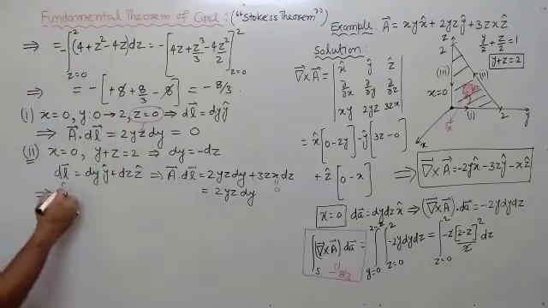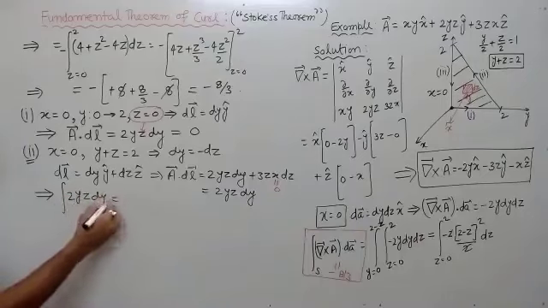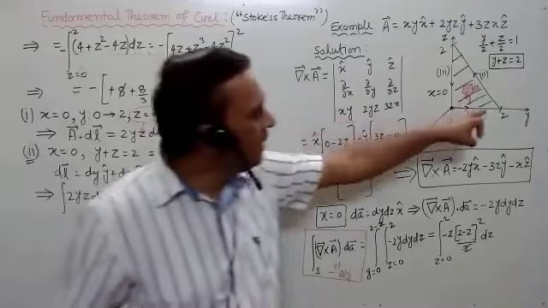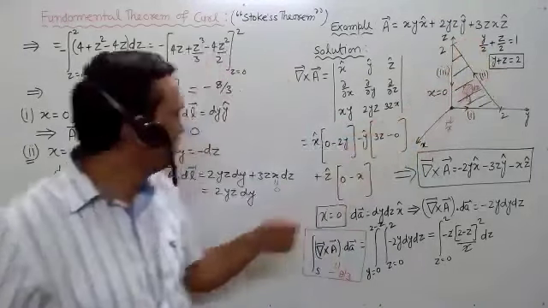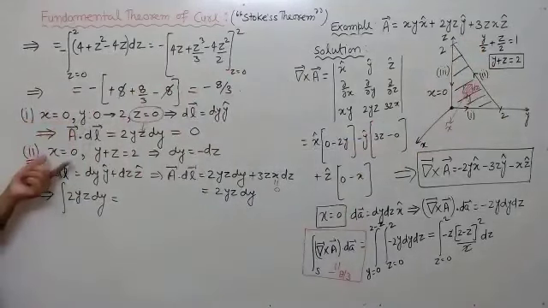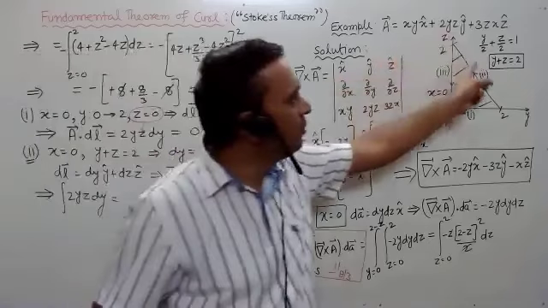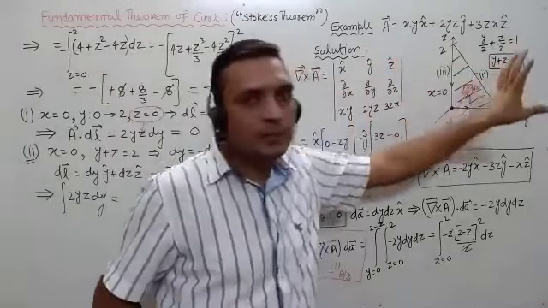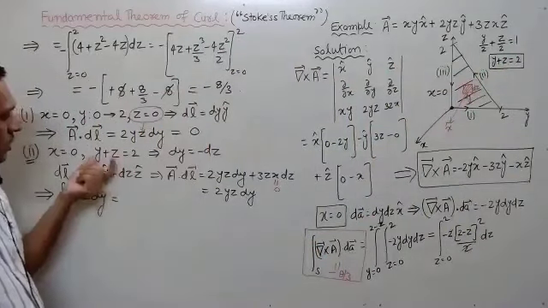So this integral, in second case, you know that y and z are dependent. They are in the yz plane. So x is 0, that is fixed. And y and z are dependent. So I have written the relation between y and z. You can see y plus z is 2. So what will be the relation between dy and dz?